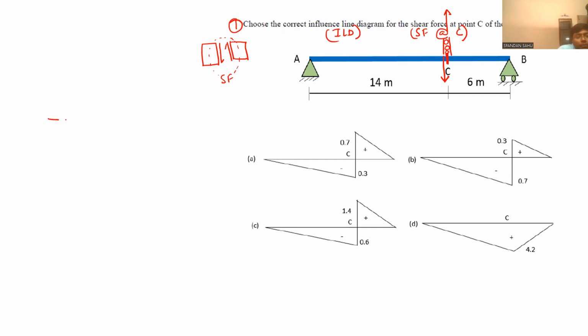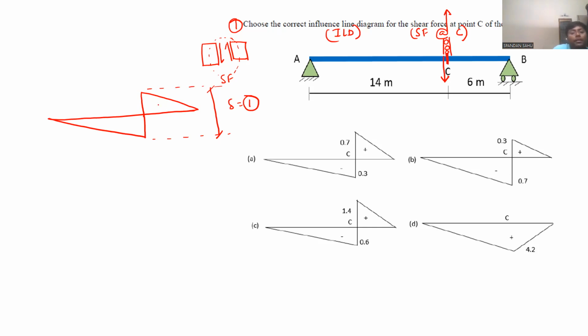So now, this is C. This total lift will be unit. For this to be unit, what can you do?